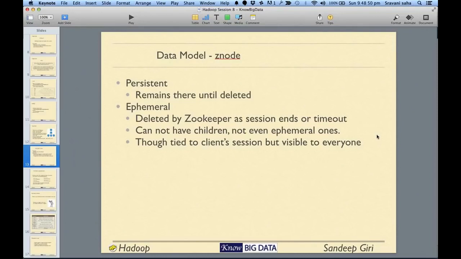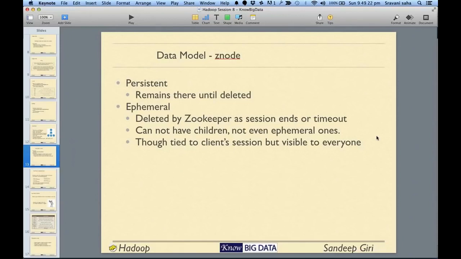That is the objective of Zookeeper. The data model it provides is a tree structure, plus it provides a few kinds of nodes. One was the normal persistent node, the second was the ephemeral node, where the node will disappear after some time. Now the third kind of node it provides is a sequential node.